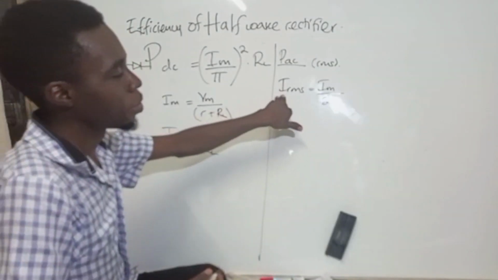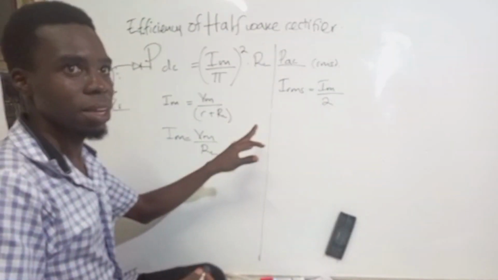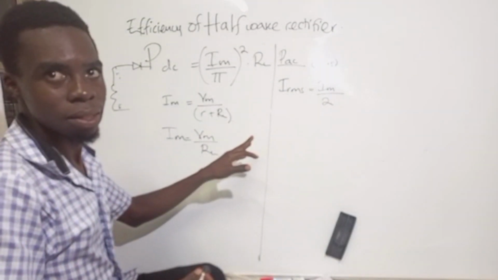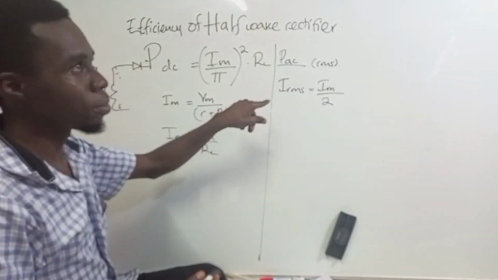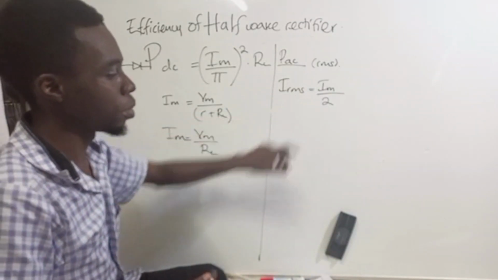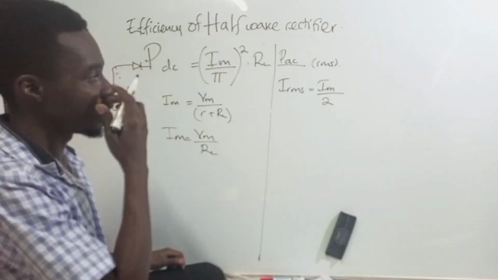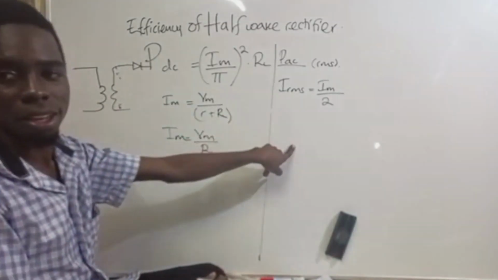So I was talking about the root mean square value, and I said that for this particular kind of system, the root mean square value is just simply the maximum value divided by 2. Even if you're getting the Vmax, the VRMS on this side, you'll just get Vmax divided by 2.